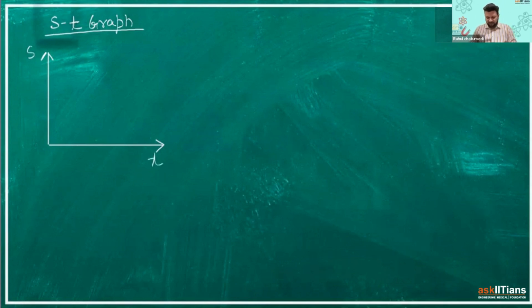On the y-axis, I am taking displacement, and on the x-axis, I am taking time. In all the cases, time will continuously pass, or you can say time is always increasing.